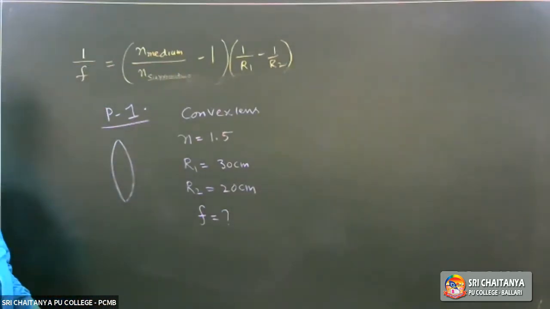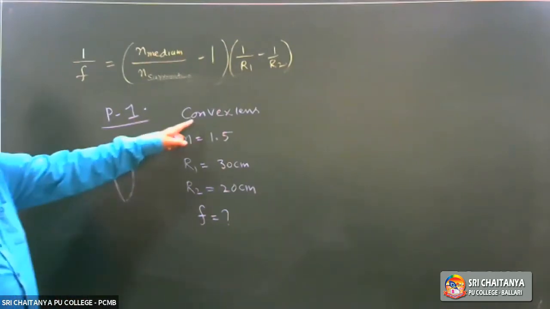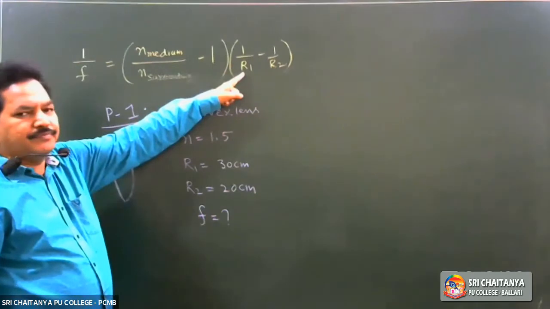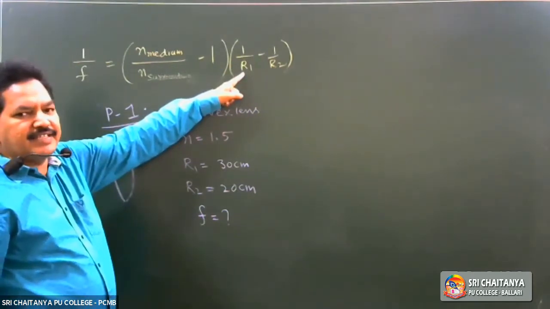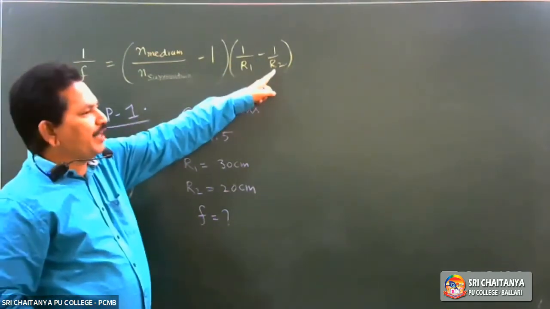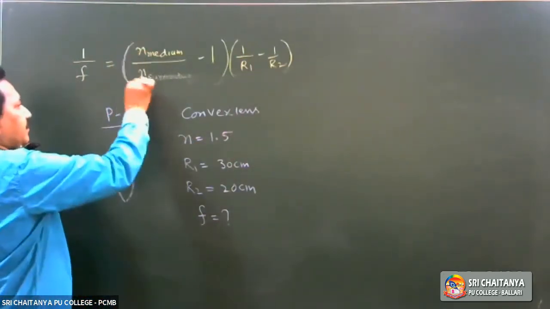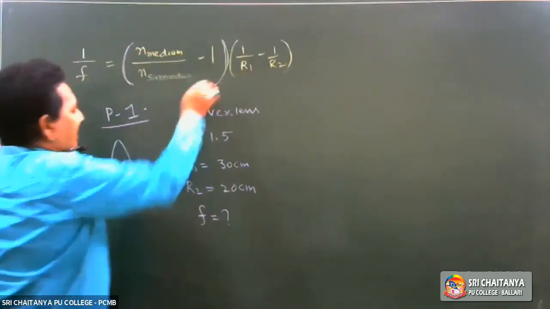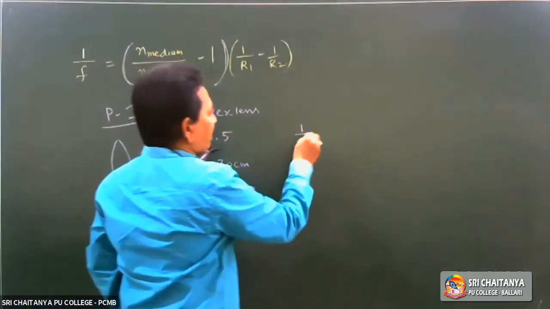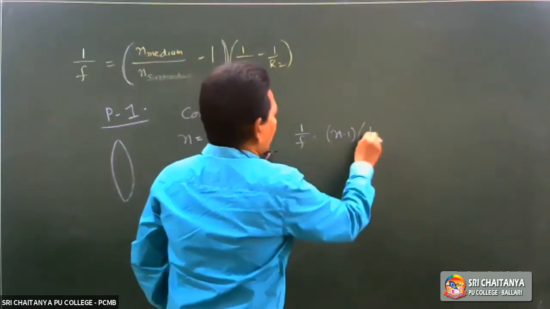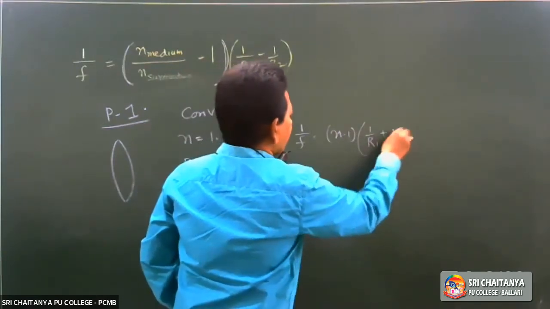Apply the formula directly for a convex lens. For a convex lens, R1 is positive and R2 is negative, and minus into minus becomes plus. So 1 by F is equal to (N minus 1) into (1 by R1 plus 1 by R2).